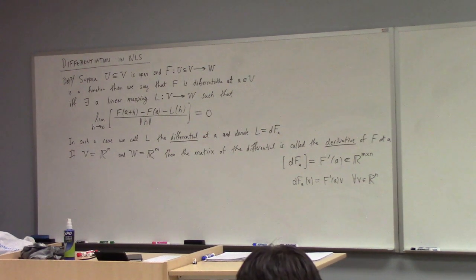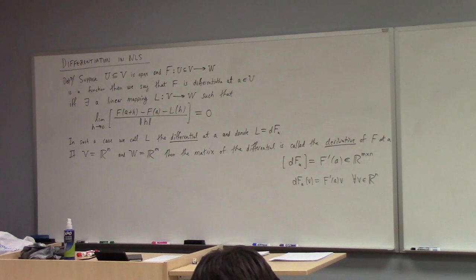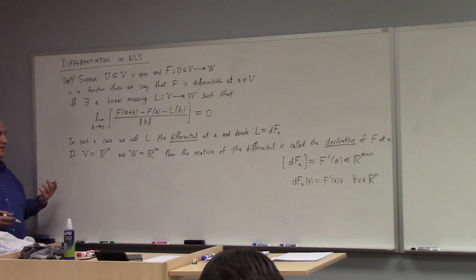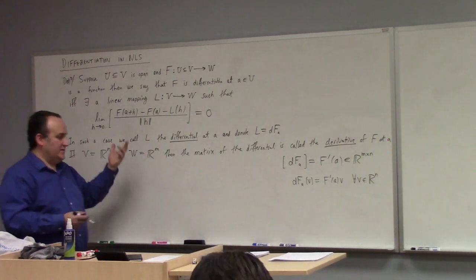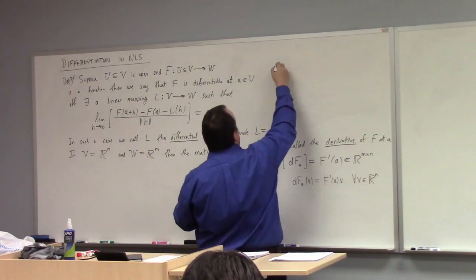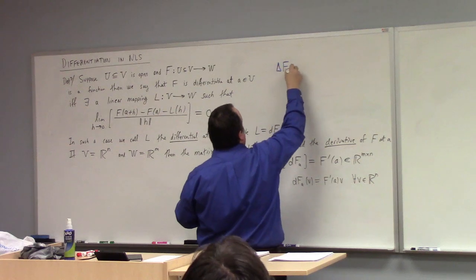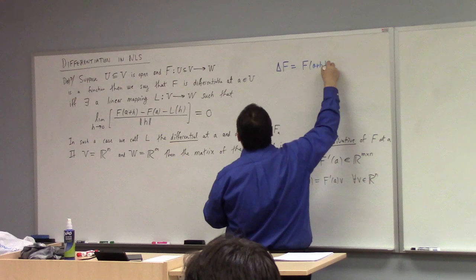So let me just take a breath here. What is this definition saying? This definition is saying that the function is differentiable if you can, in some sense, approximate. Let's introduce some terminology here. We can talk about the change in f, which is f of a plus h minus f of a.